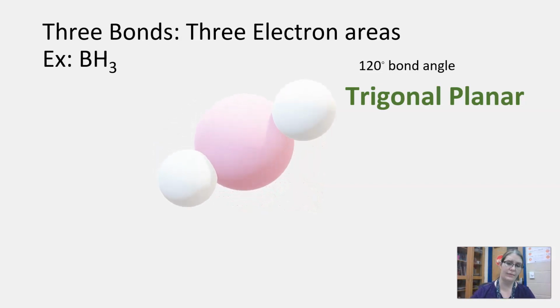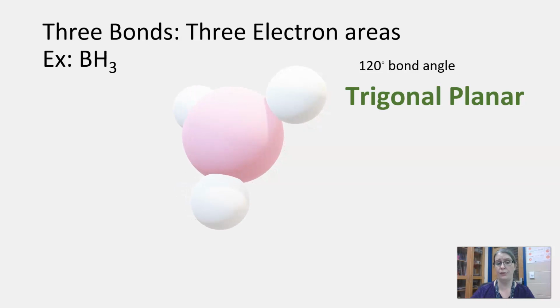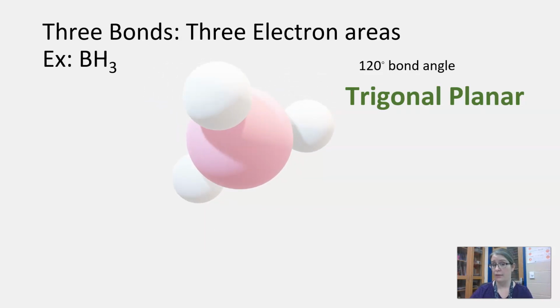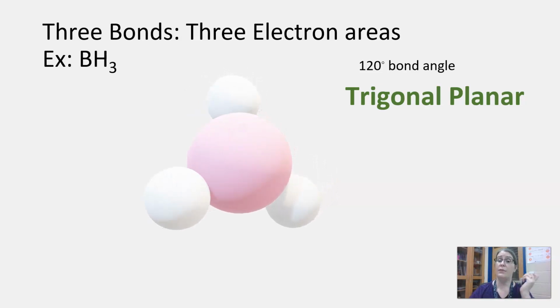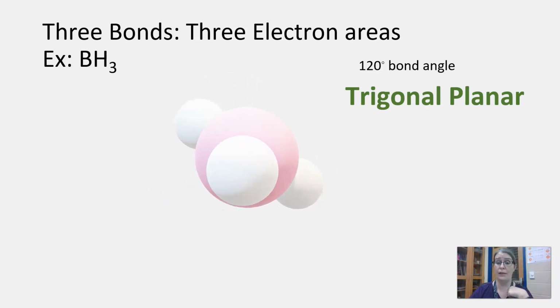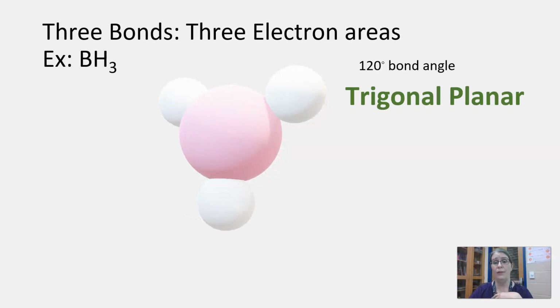It's all flat, all in one plane, trigonal planar. So if you think back to formaldehyde, the molecule that I used a couple of minutes ago to demonstrate counting a double bond as 1 area of electrons. Formaldehyde had a total of 3 areas of electrons too. So formaldehyde would be a trigonal planar molecule with that 120-degree bond angle.